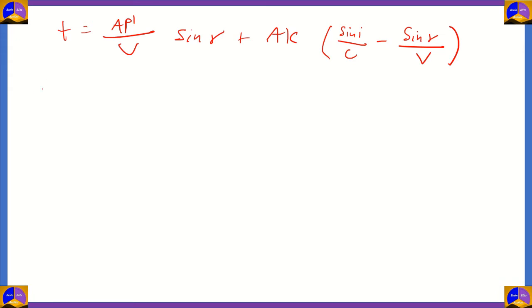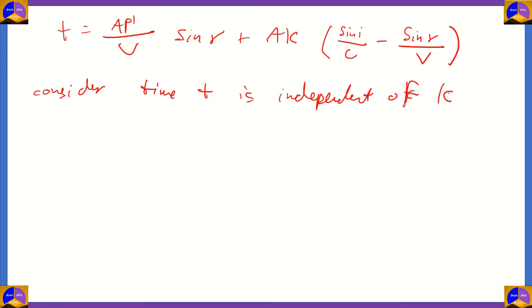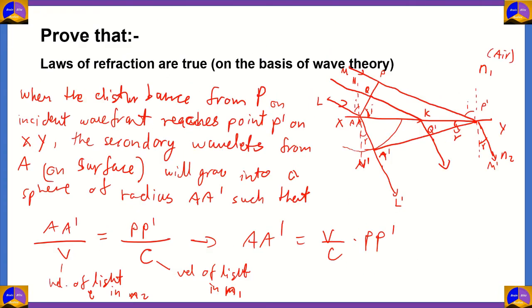So now let's consider time t is independent of the point K. And it is true because at the same time as A reaches A dash, P reaches P dash, and also Q reaches Q dash.